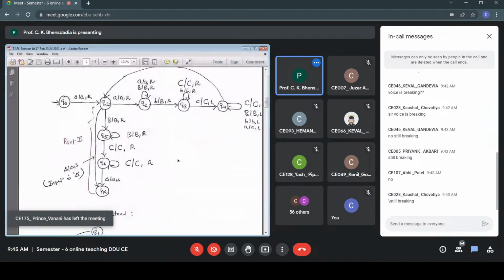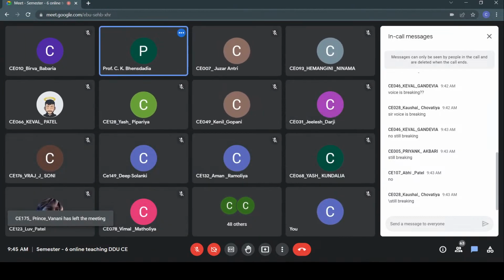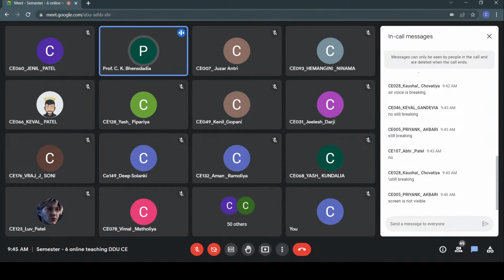Then P, then AR, then E, then C. But while CCL, BBL in the state Q4, we don't have AAL in the state Q4. So in the first phase, Q1, Q2, Q3, Q4, it will ensure that we don't accept a string like ABC, ABC. In the state Q4, see, we don't have... screen is not visible.